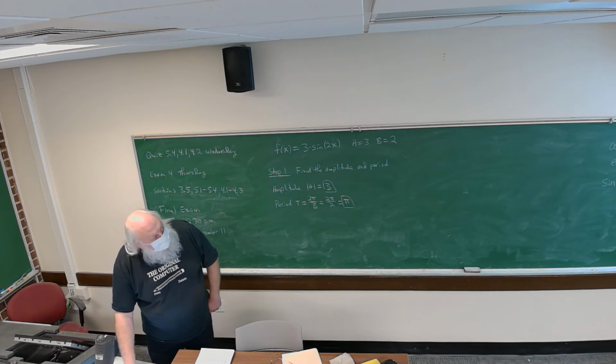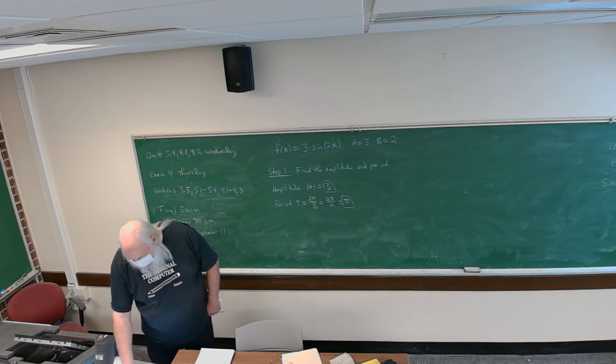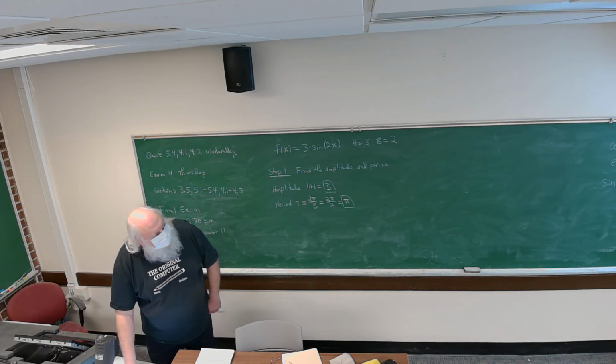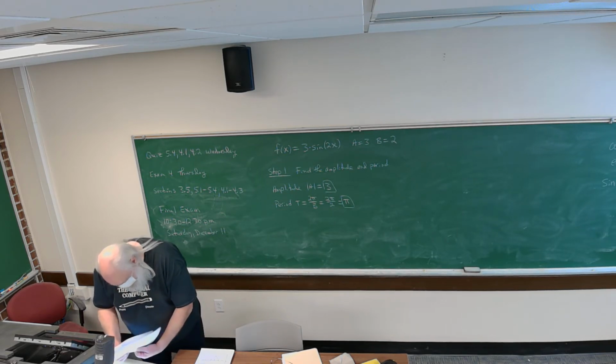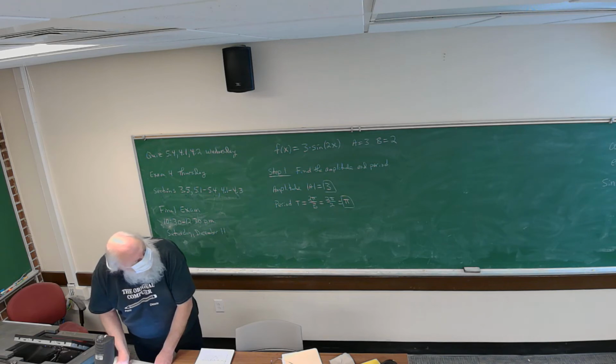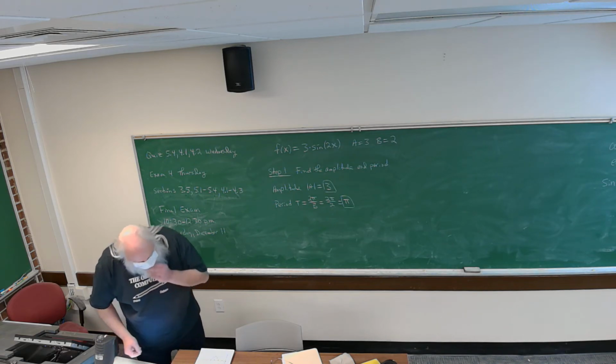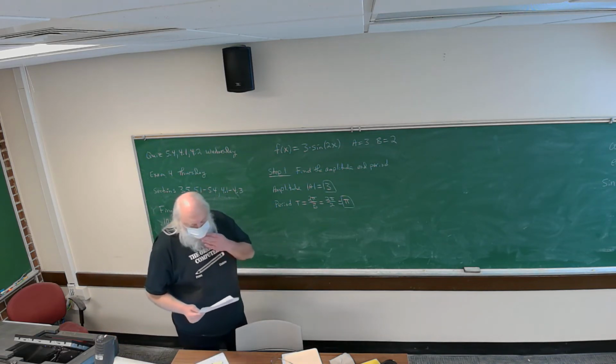And then another key point is the highest point on the graph in that cycle, which is this point right here, and the lowest point on the graph in that cycle, which is this point right here. So we need to calculate the x coordinates for these 5 key points in our transformed sine function on page 5. And this is one way of doing it.